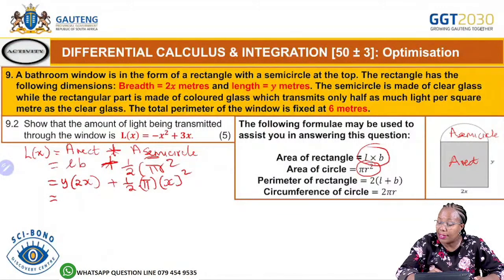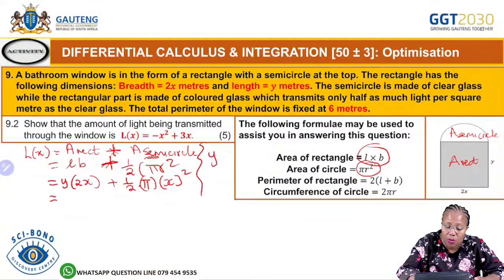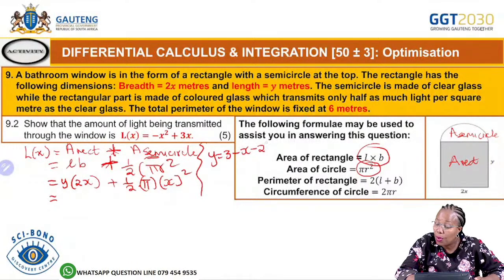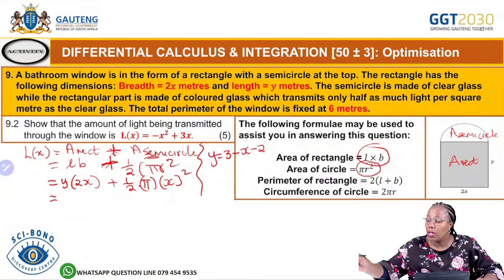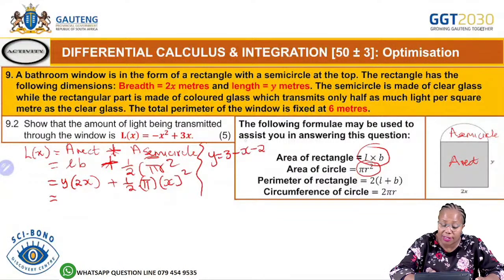Our y was 3 minus x minus pi r, and we said this r we can write it as x, because it's a radius. And then this was over 2.